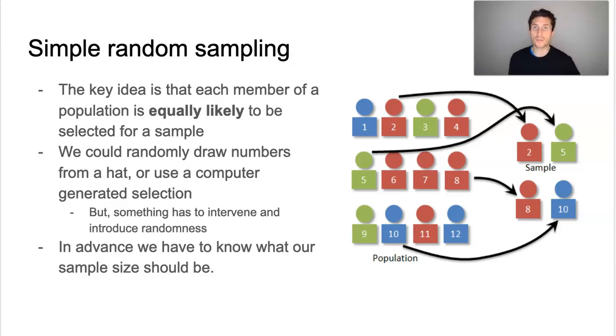We can also think about this being a kind of sophisticated way in which we use an algorithm, which is going to ensure that every, say, second or fifth person is going to be selected. In advance, what is required for doing a simple random sampling, though, is that we have to know the size of our population.